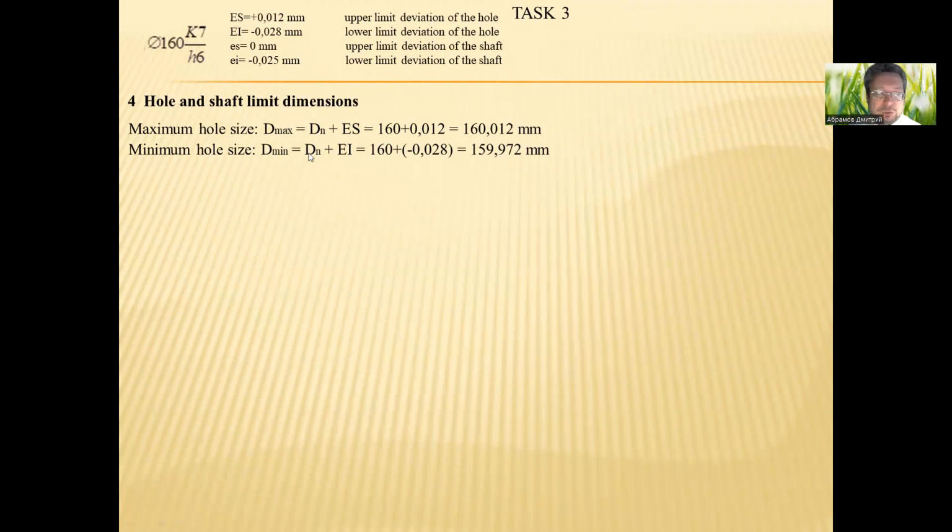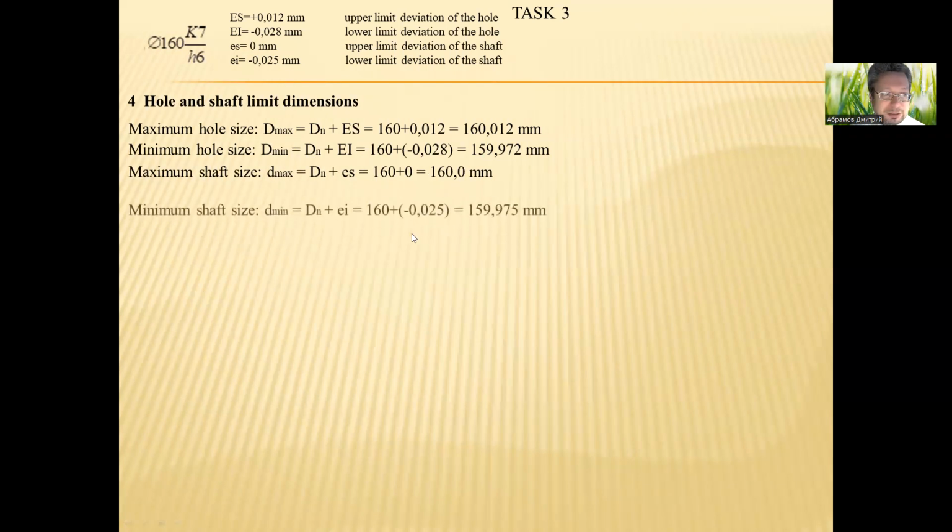Minimum hole size, nominal diameter plus lower limit deviation of the hole. 160 plus minus 0.028, and we have 159.972 millimeters. Maximum shaft size, d maximum, we have nominal diameter plus upper limit deviation of the shaft. 160 plus 0, and we have 160 millimeters.